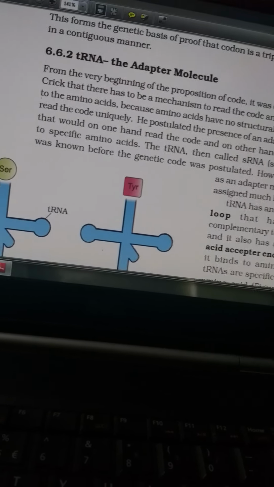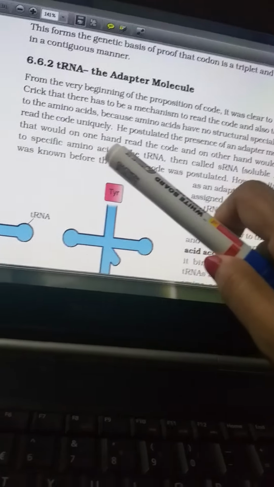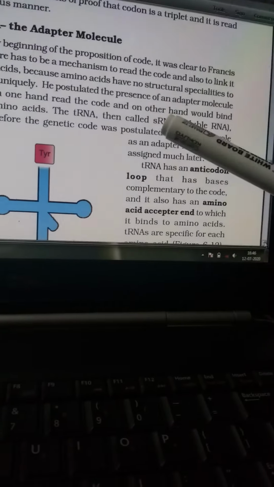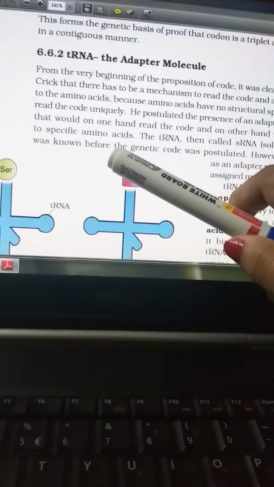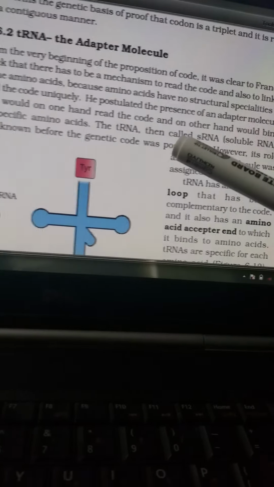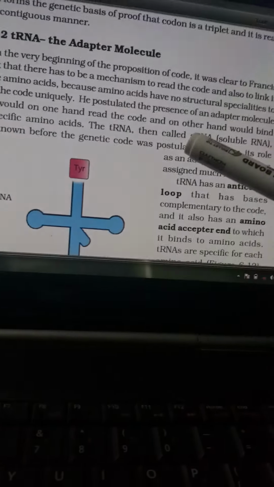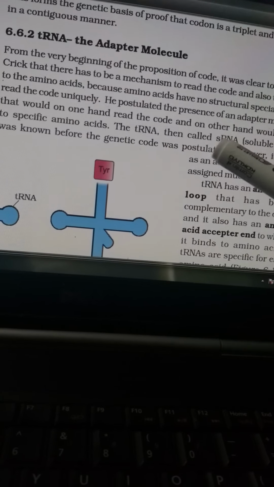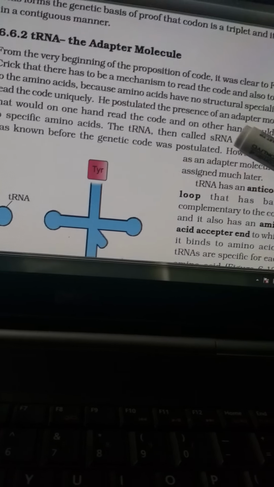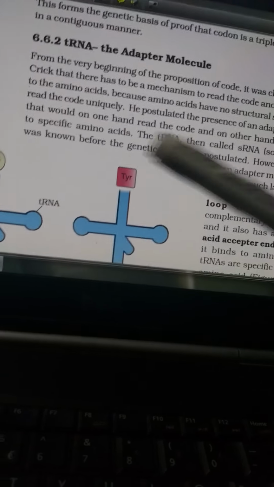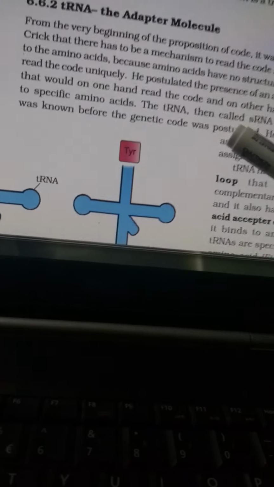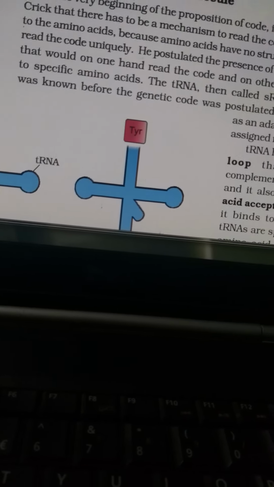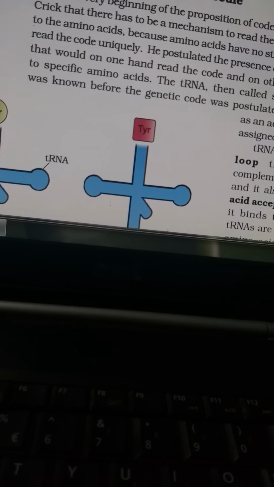This adapter molecule is basically the tRNA, which on one hand would read the code and on the other hand would bind to the specific amino acid. At that time tRNA was not named, so it was called sRNA, the soluble RNA. That was known before the genetic code was postulated, and its role as an adapter molecule was assigned later.